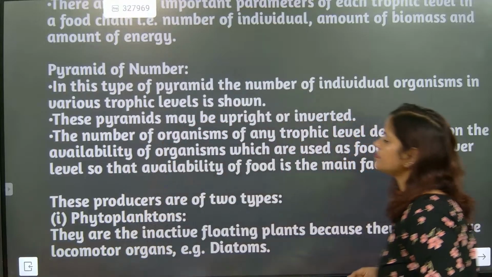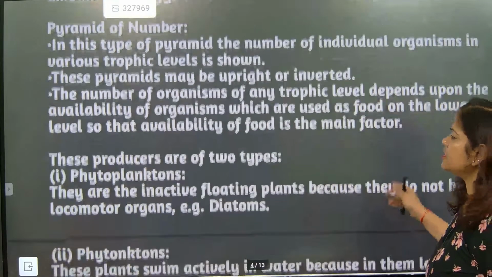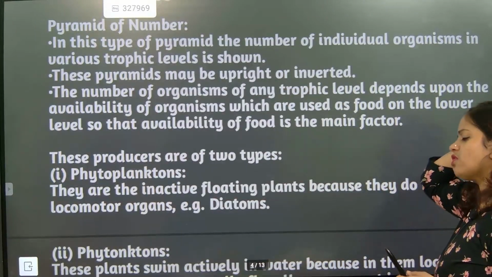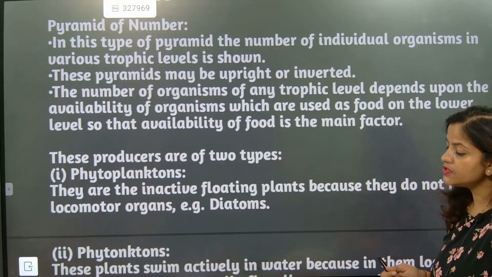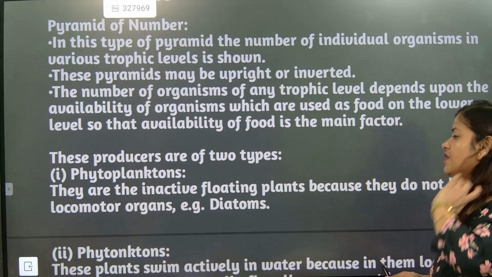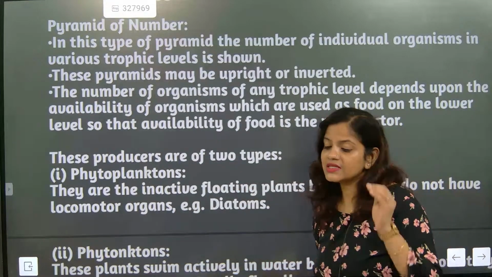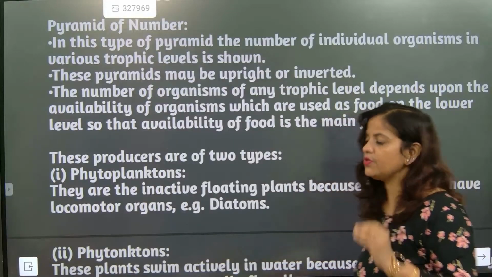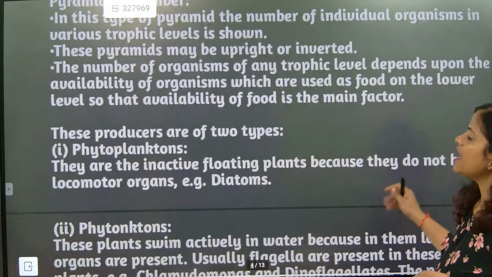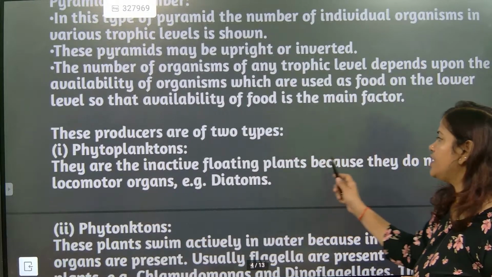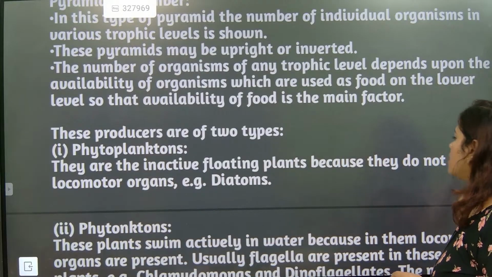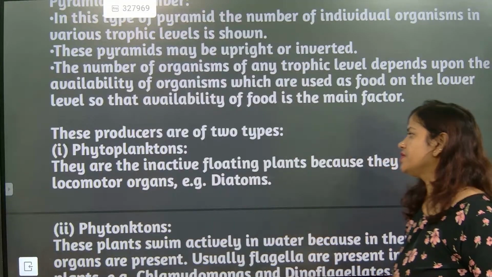Understood? Now, producers are of two types. The first is phytoplankton. Phytoplanktons are inactive floating plants because they do not have locomotor organs.